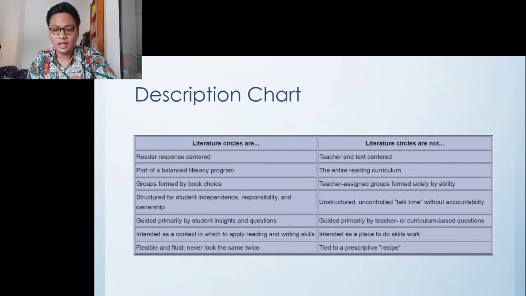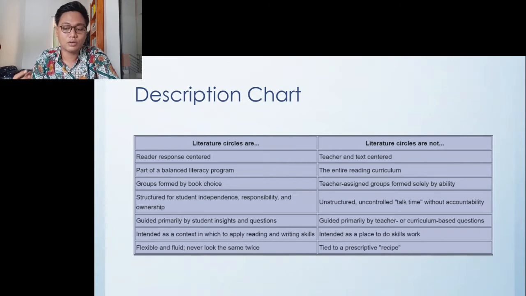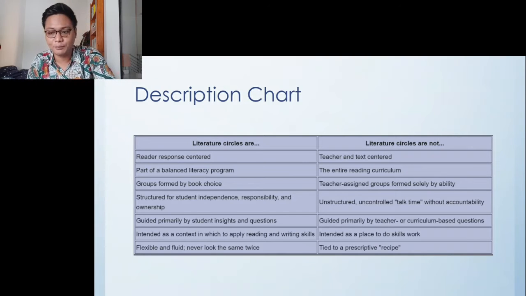Literature circles are part of a balanced literacy program, not the entire reading curriculum. Groups are formed by book choice, not teacher-assigned groups solely by ability. And structured for student independence, responsibility, and ownership, not unstructured, uncontrollable talk time without accountability.